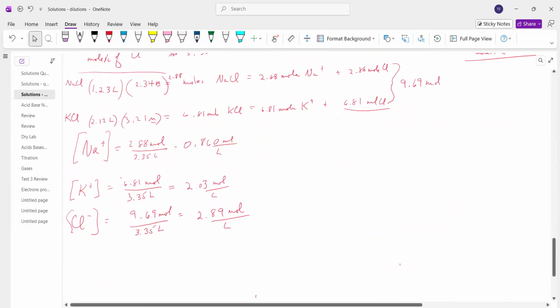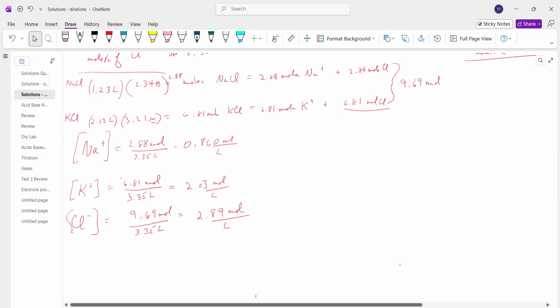Okay, so this is probably as hard a problem as you're going to see in this class. We're mixing solutions. When you get into acid-base chemistry, we have an ion that's common to both solutions. It's called the common ion effect. That comes into play in acid-base chemistry.